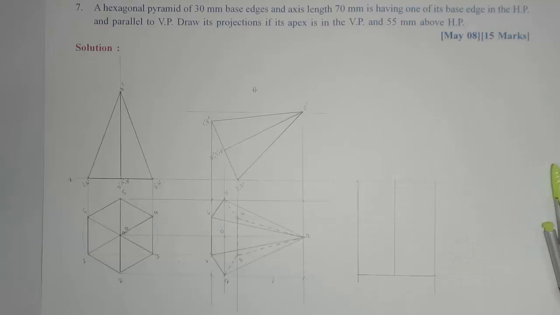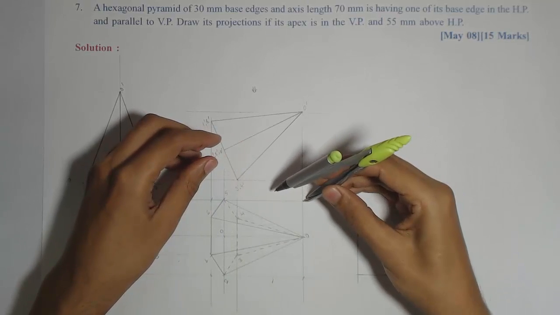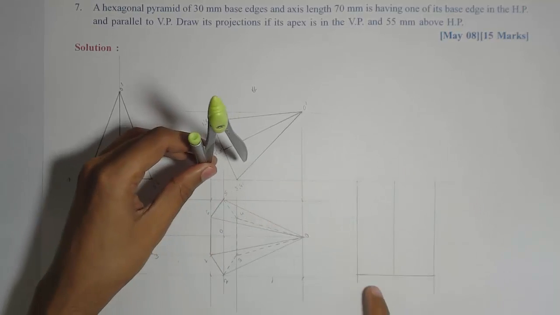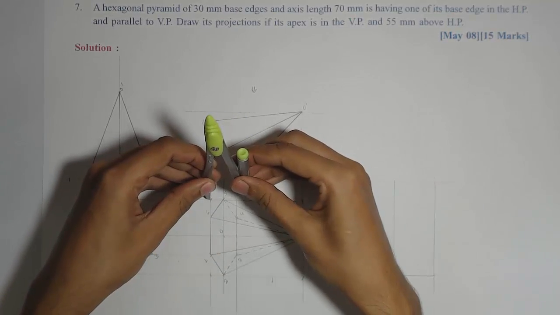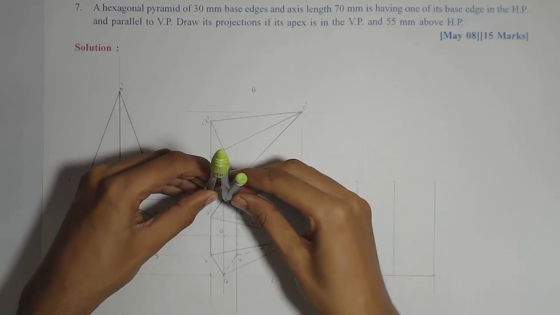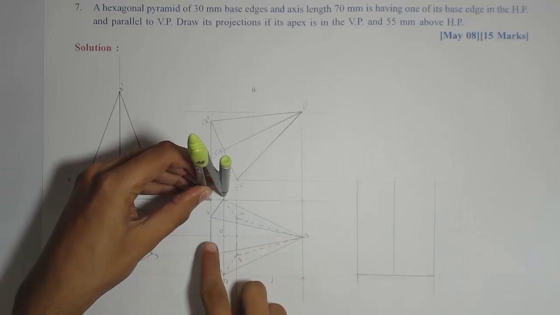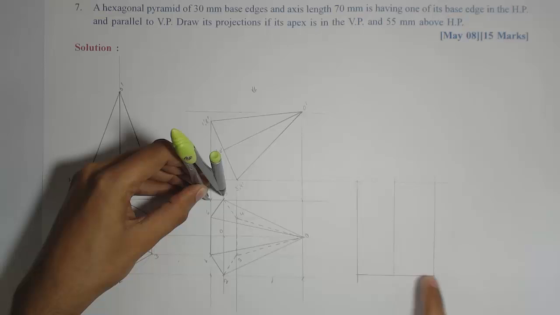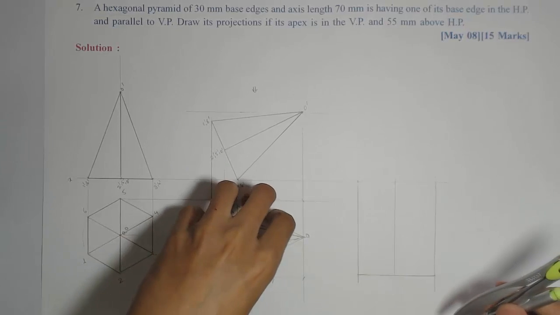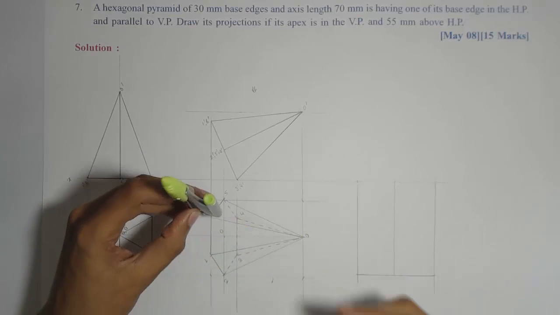Okay. Now the next step is to mark the remaining points. Now this edge is coinciding with XY, so I'll mark the remaining points with respect to these points. Or we can start from here and take the distance from this corner. So to mark 5, I'll take reference of this corner, but it will be tilted like this. So this corner will go to this position, and it will be tilted like this. So this will come here and this will come here.